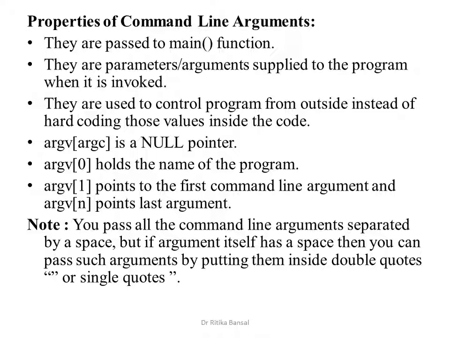We are supplying the program name, then the arguments. If you want to supply an argument which has a space in it, suppose I want to supply ritika space pencil as one argument only, then I should put "ritika pencil" in double quotes, otherwise it will be considered as two arguments because of the space.